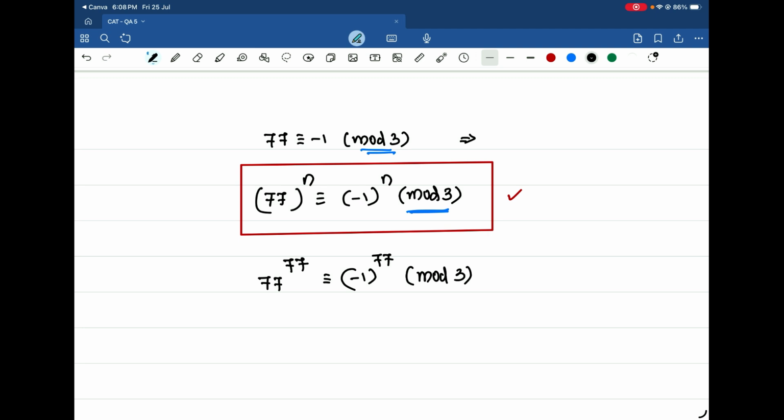Minus 1 into minus 1 is plus 1, minus 1 into minus 1 into minus 1 is minus 1. Minus 1 to the power of 77, it's an odd number, so it is minus 1. Then it implies 77 to the power of 77 equivalent to minus 1 mod 3. This is one equation.